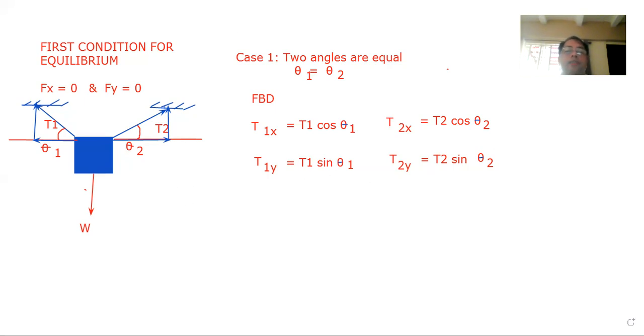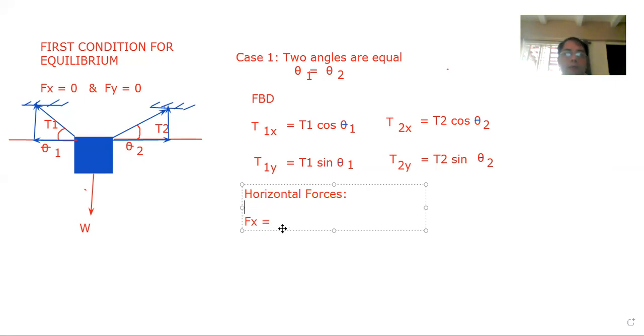Now, let's split our forces. Let's go into the horizontal forces first. Along the horizontal line, we have the following forces. If we call that Fx, what are the forces along the Fx value?